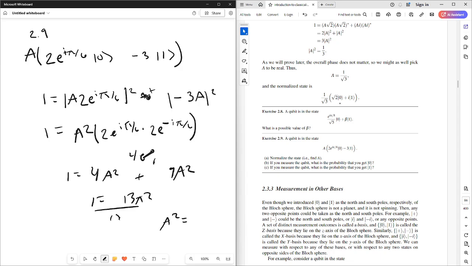A squared is equal to 1/13, and then we find our square root. So our normalization constant A is 1 over square root of 13. Let me verify that in the textbook in the answer key real quick. 2.9.